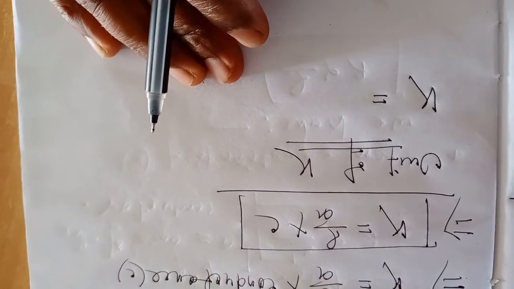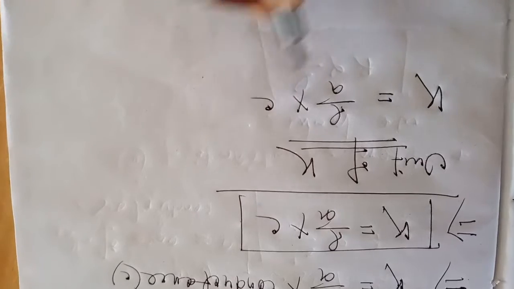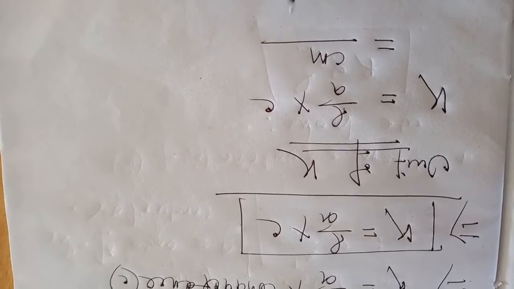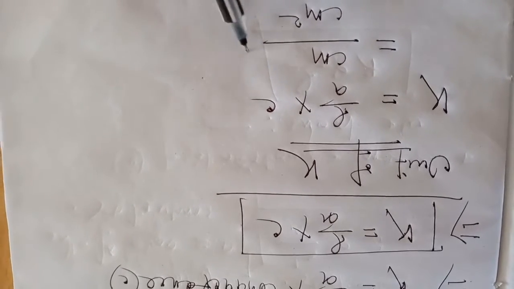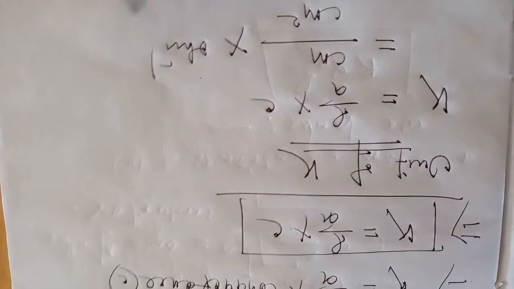K equals L by A into C. Here L is the length, so its unit is cm. A is the area of the conductor, so it is cm square, and the unit of conductance is ohm inverse.